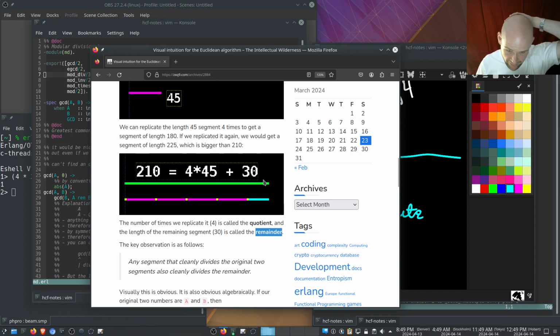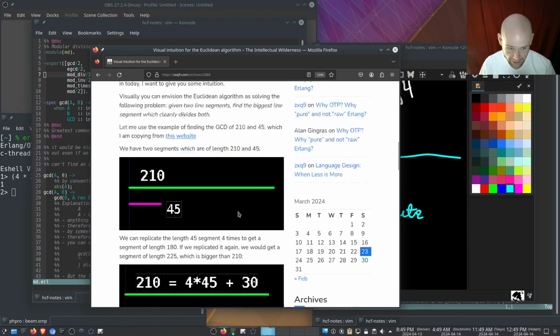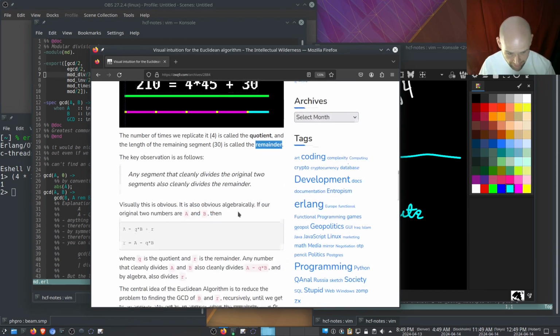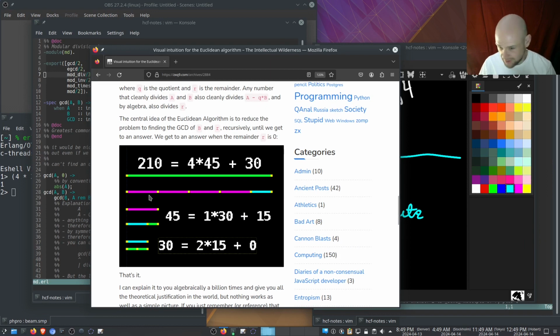And therefore, this remaining segment is also going to be evenly partitioned, because we assumed as a precondition that we have some segment that evenly divides the green segment and the purple segment. So it's got to divide this little blue remainder segment. And so therefore we can break the problem down into a smaller problem. And just generally, that's always good.